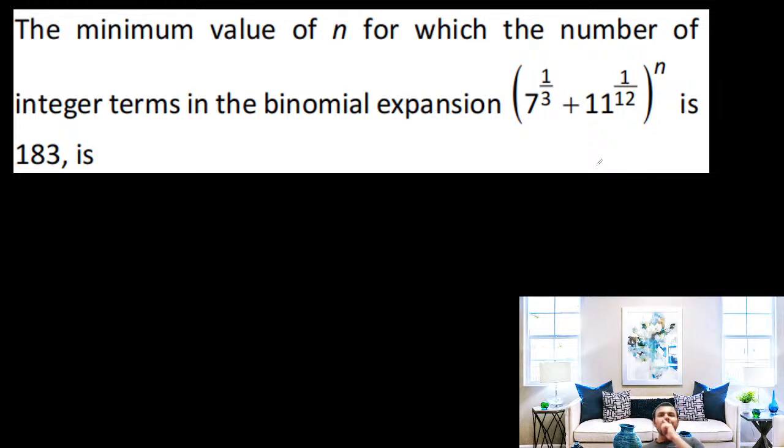The minimum value of n for which integer terms in the binomial expansion is this thing. Okay. So integer term: nCr, 7 to the power r by 3, 11 to the power (n minus r) by 12. It should be integer.